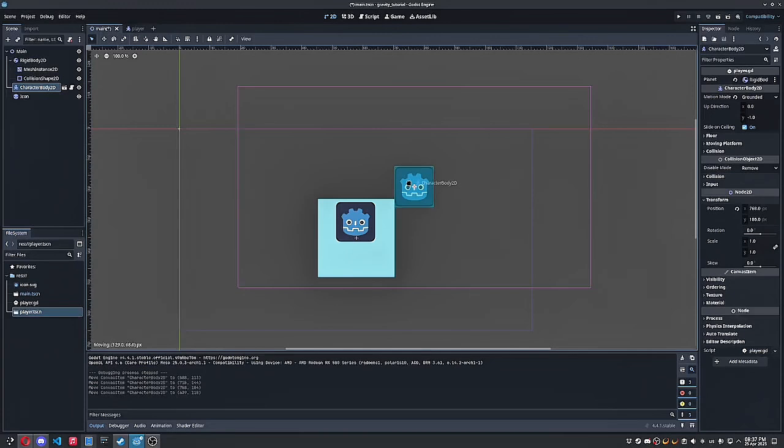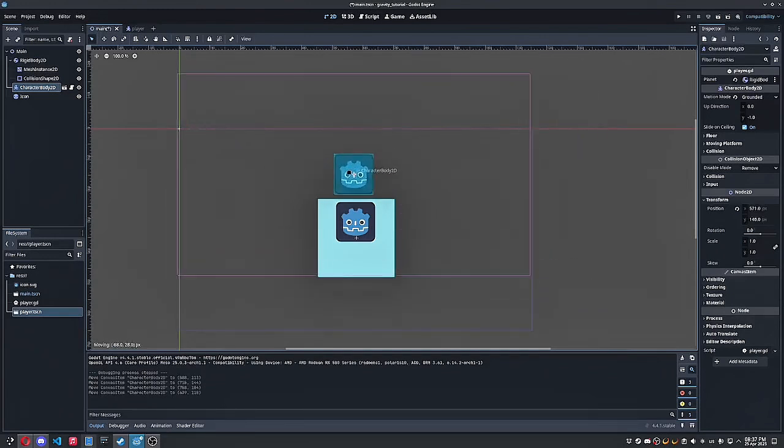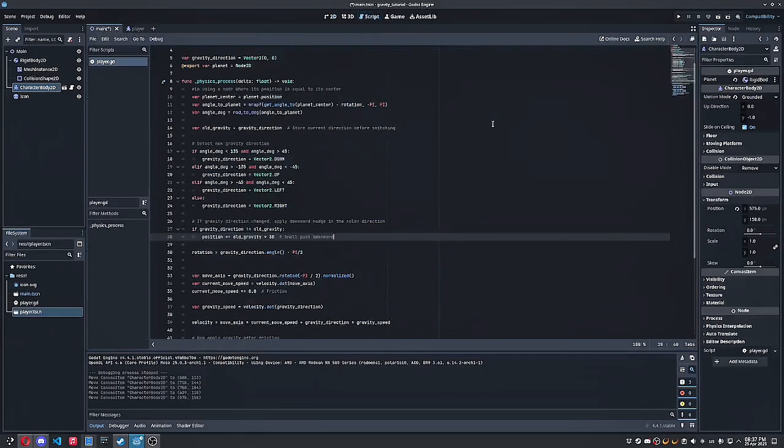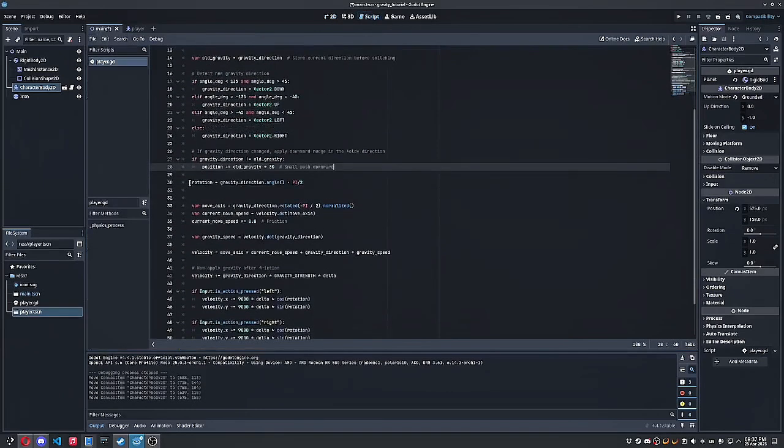The reason for this is so that the player does not go before the trigger zone and after the trigger zone, flipping back and forth and settling into one or the other state. I'll show you what that looks like after I finish explaining everything. Then we set the rotation so that we actually look like we are facing the direction we should based on gravity.